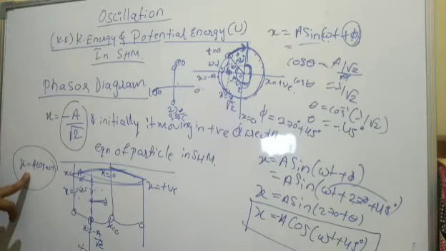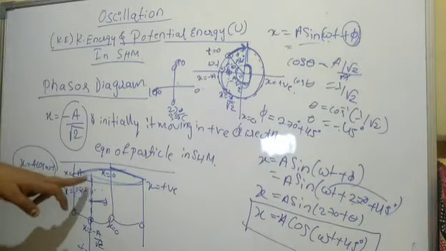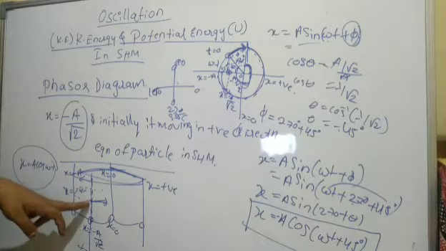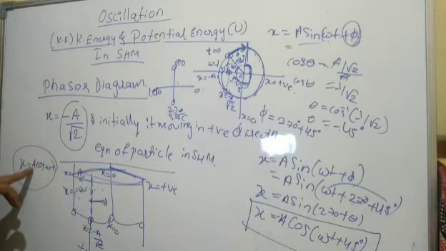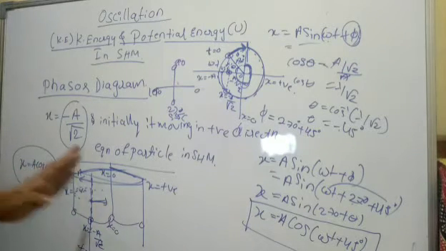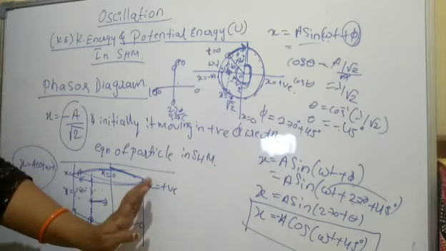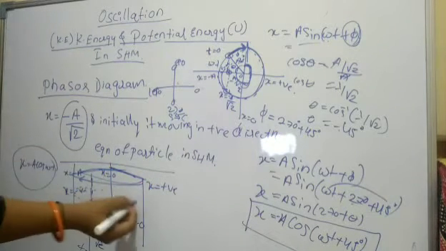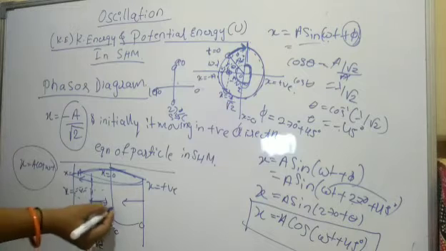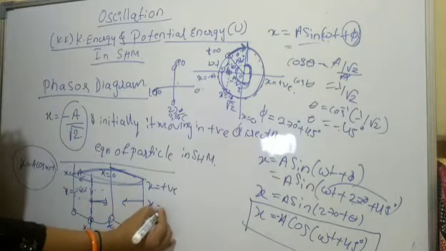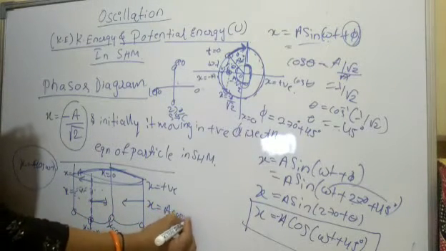Look at our general equation. If the particle is moving from a negative extreme position towards the mean position, we get minus a cos omega t. If the particle is at the positive extreme position moving towards the mean position, we have x is equal to a cos omega t.